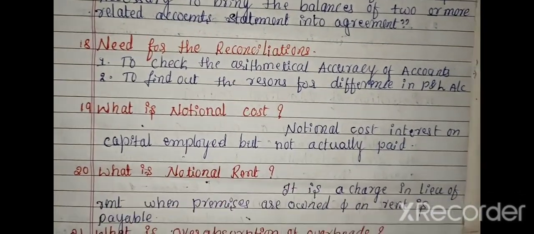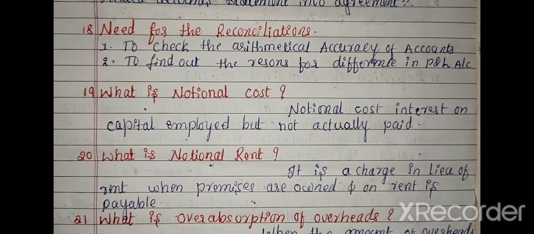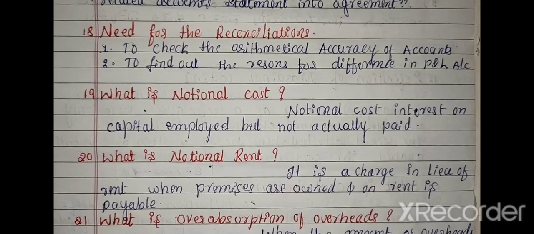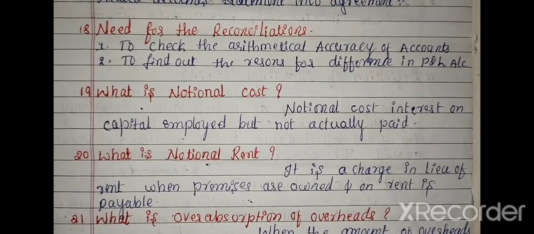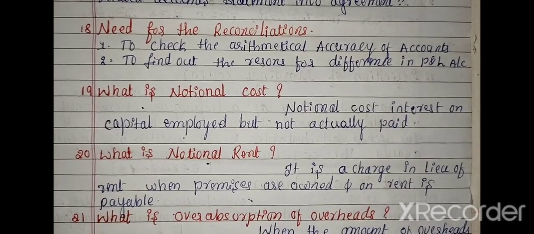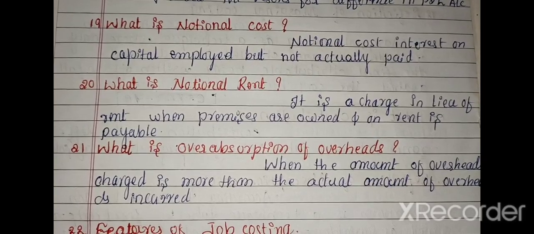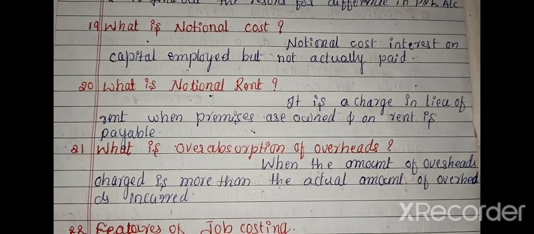And question number 18. Need for reconciliation. To check the arithmetical accuracy of the accounts and to find out the reason for the difference in profit and loss account. Question number 19. What is notional cost?